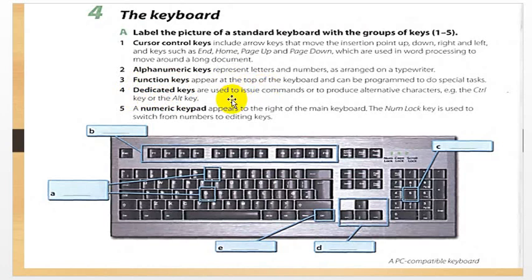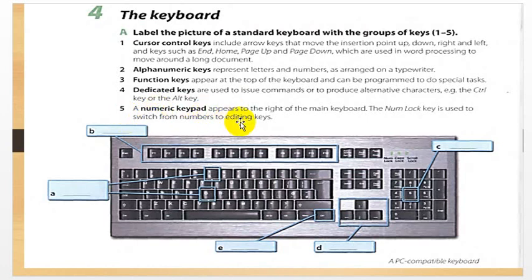And if somebody asks you what the dedicated keys are, they are used to show commands or to produce alternative characters, for example the Ctrl key or the Alt key.